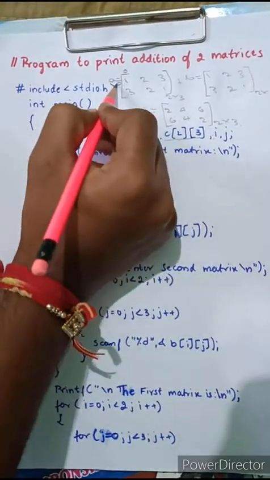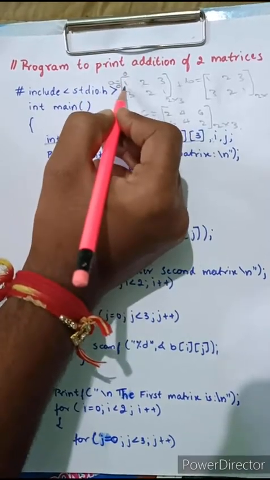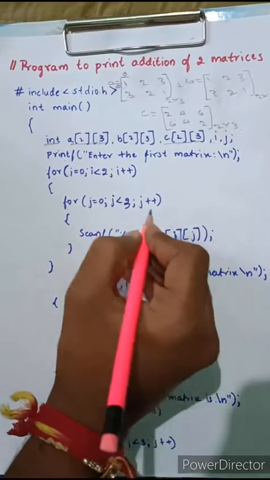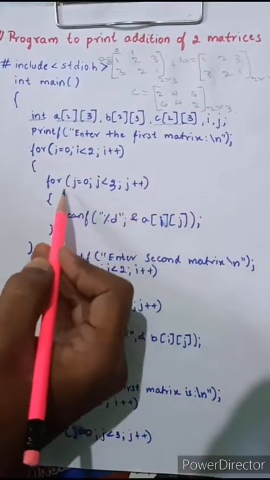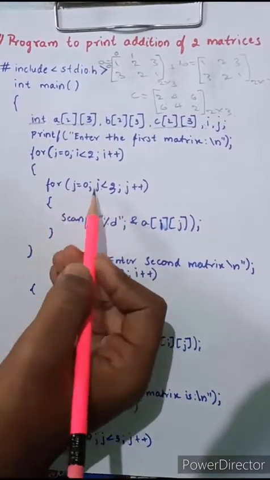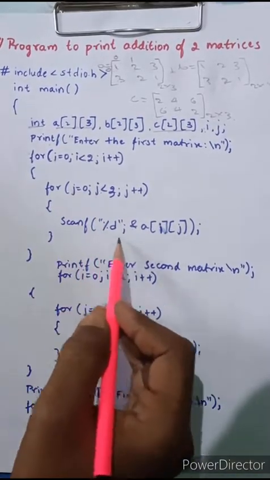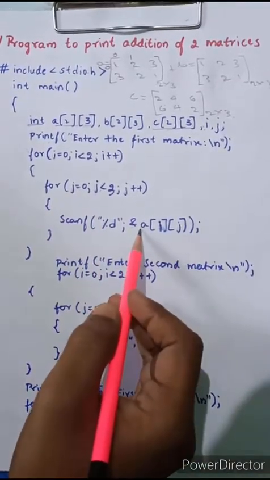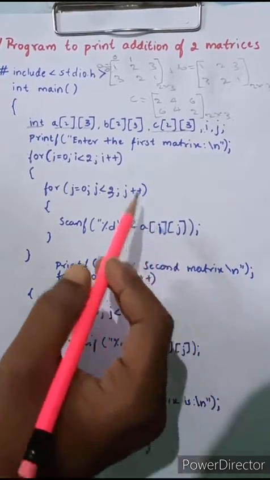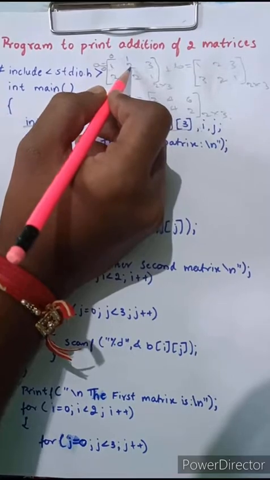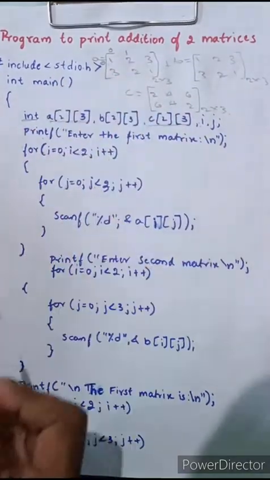This is the placeholder of 0 comma 0, and that is 1. Next the scanf is executed, so j plus plus, then the j value becomes 1, and 1 is less than 3. The scanf is executed, and a of 0 comma 1 is the placeholder, and this is the element 2 inserted in the matrix.